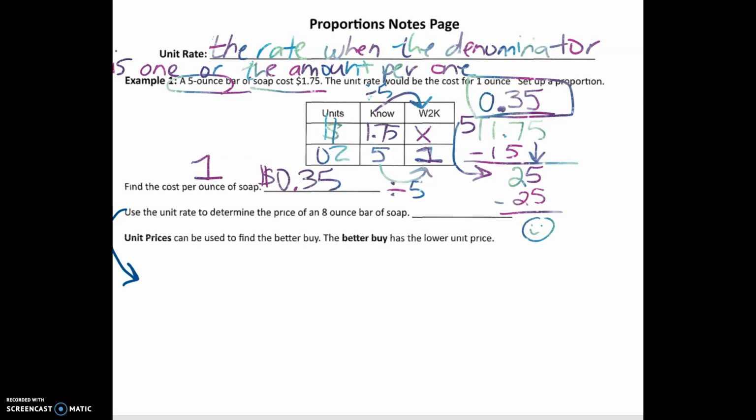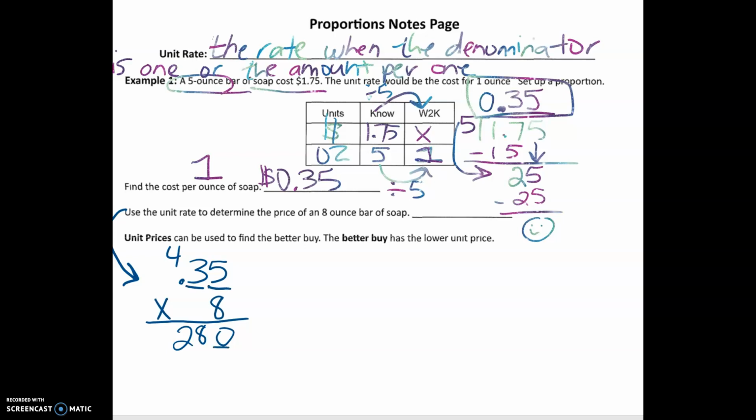We know that per 1 is 35 cents. They want 8 now, so we're going to do times 8. Once we work that out, 8 times 5 is 40. 8 times 3 is 24, plus the 4 we carried, so 28. And now we need to make sure we count those decimal places.